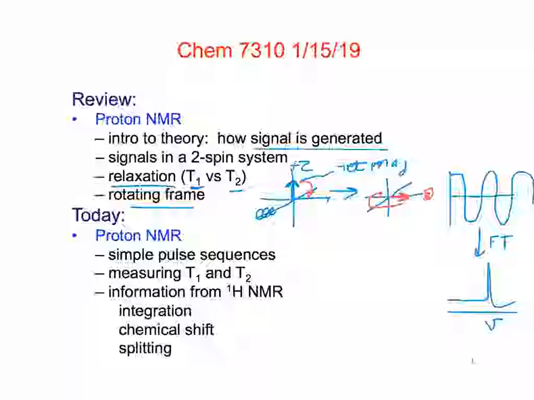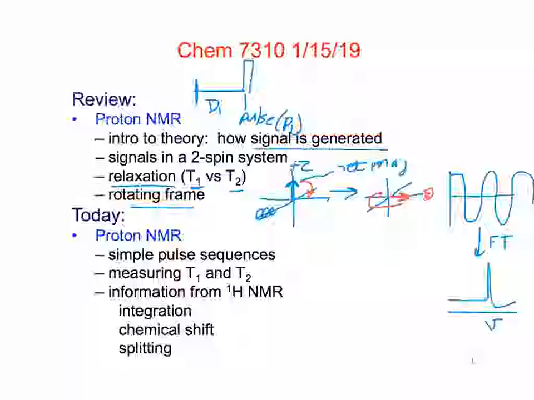So the last thing that I'm going to mention that we talked about was when we talk about how a signal is generated, we drew up our pulse sequence. And the pulse sequence starts with some delay. I called it, I think, D1. That's a delay. We give it a pulse, sometimes called P1.